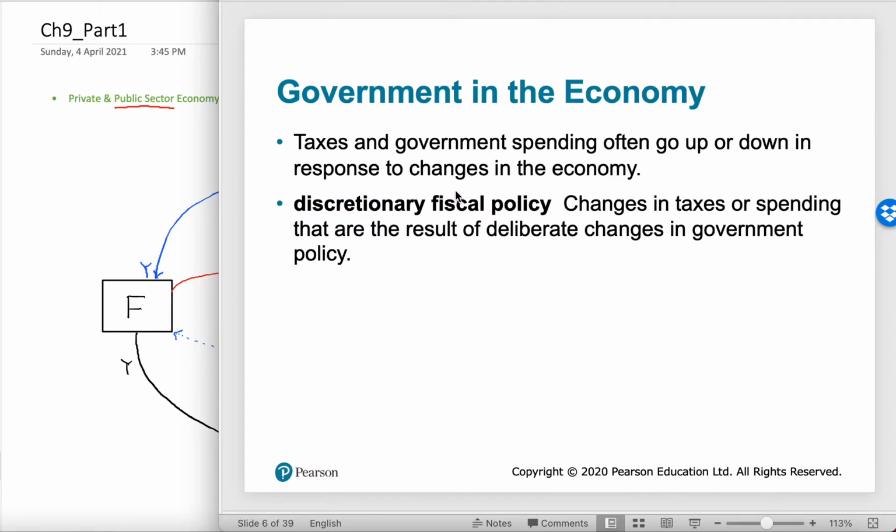So for government in the economy, we want to add the government, and the government is tax and government spending. If taxes and government spending go up and down, they change the state of the economy.